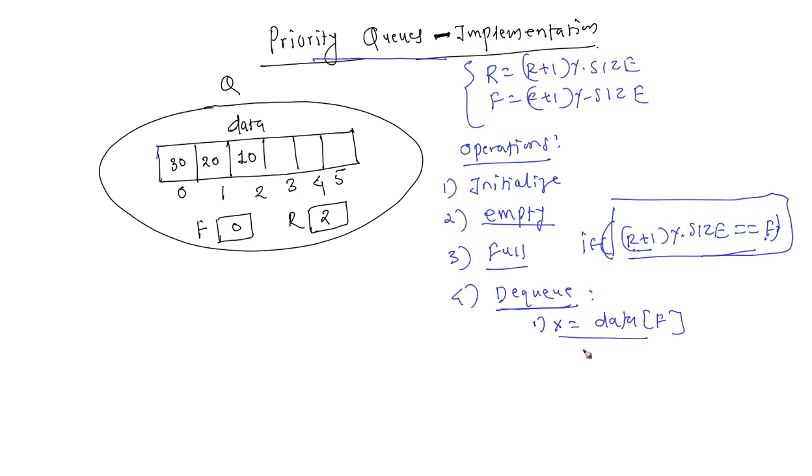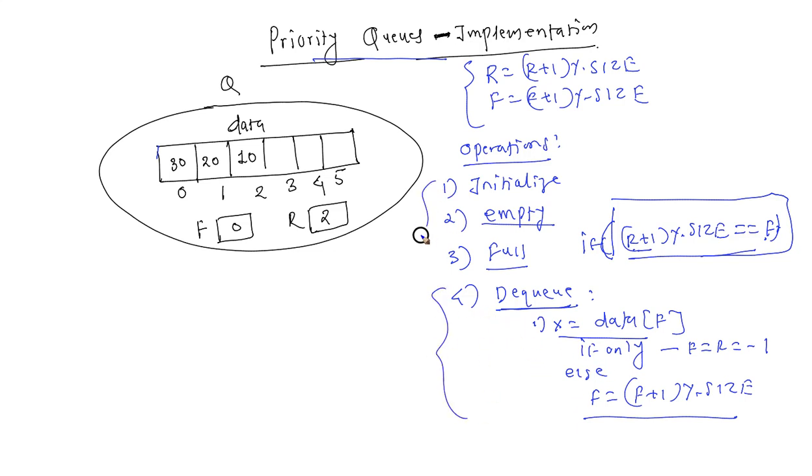If it was the only element, then I'll set f equal to r equal to -1. Else, I will say f equal to f plus 1 mod size; I'll increment f by 1. So this is the dequeue operation which we have seen in the circular queue. All these operations we have in the circular queue. Please go through the video on circular queues. It is there in the playlist.